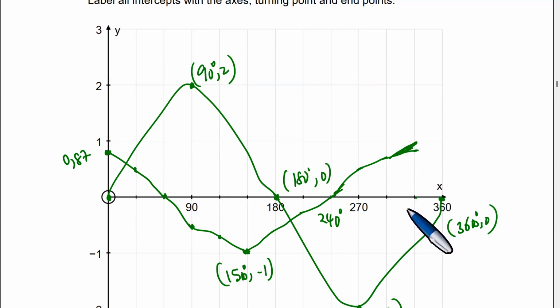At 330, so in other words, when x is 330, it's 330 plus 30, which is what? Which is a big 1. Right, so it's going to be like here. At 360 plus 30, 390. Can I go down a little bit?